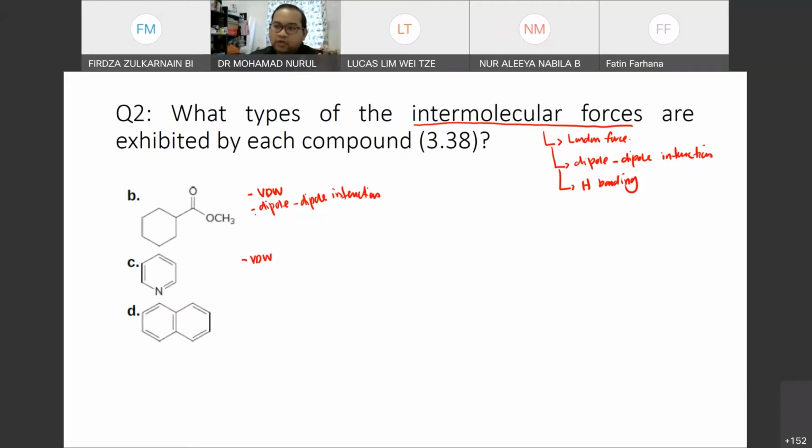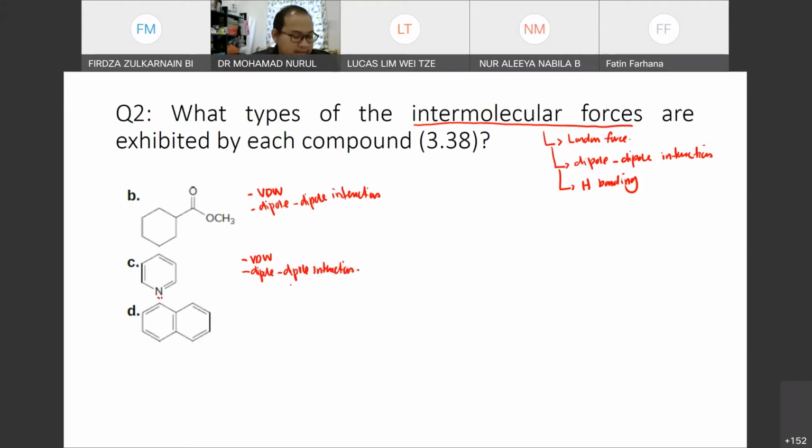In this case, carbon and nitrogen have a large electronegativity difference, so this one has a dipole interaction.